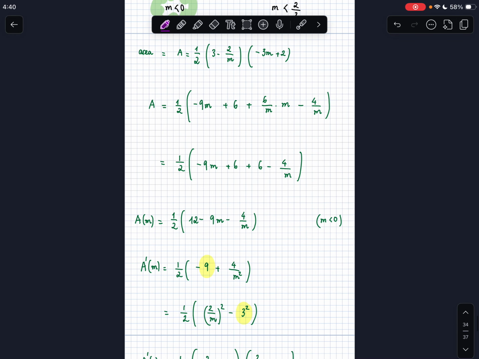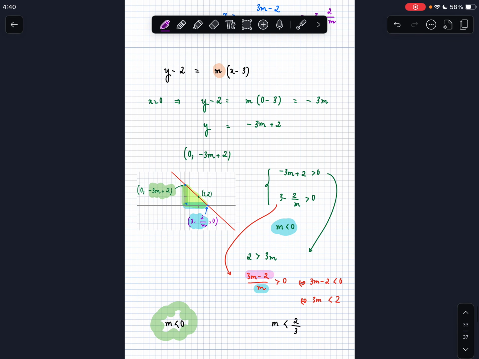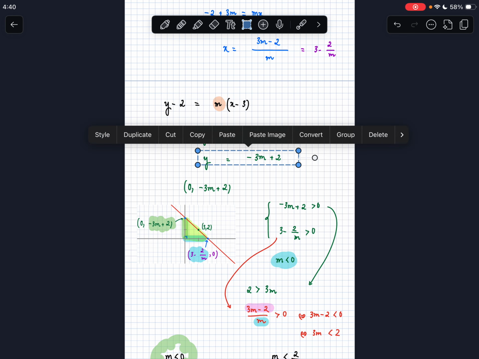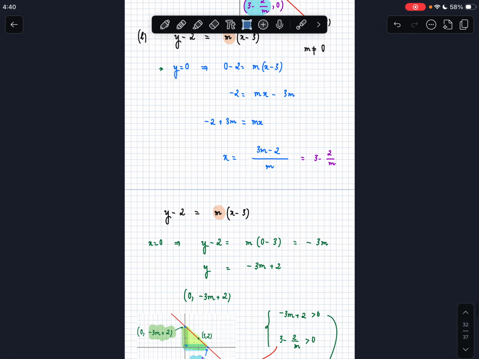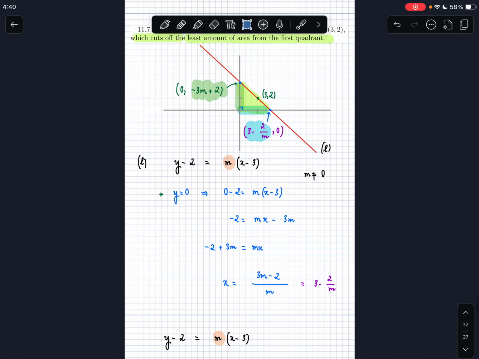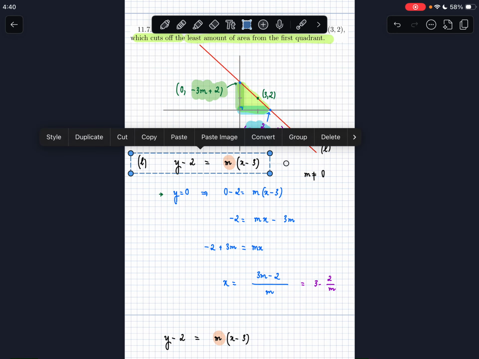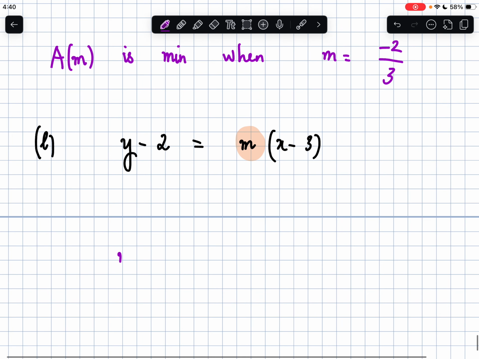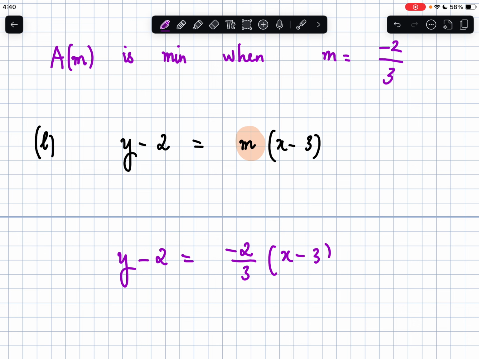So we need to find the equation of that line. The equation is given by this formula: y minus 2 equal to minus 2 over 3 times (x minus 3).